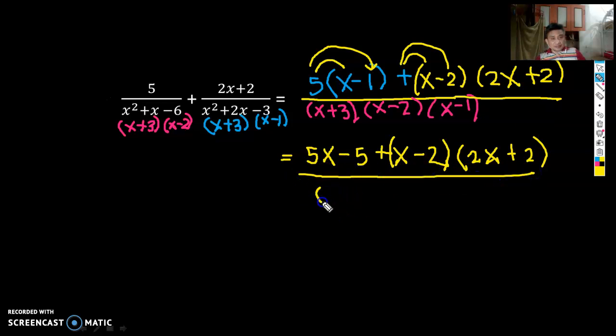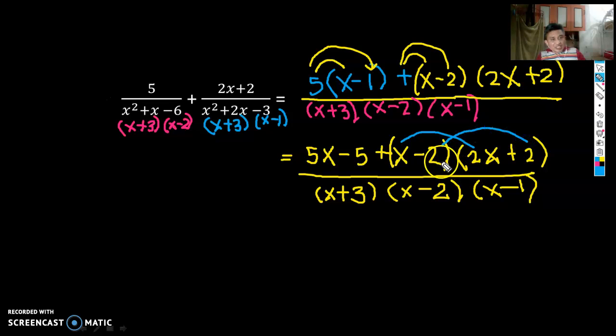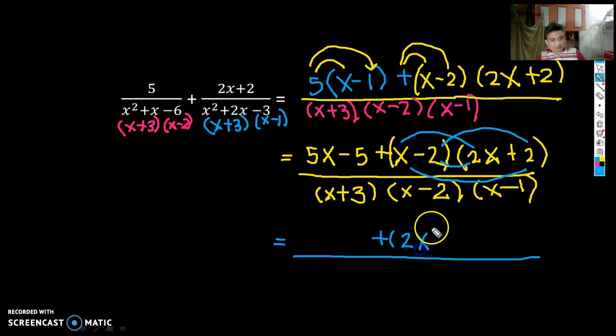All over. What is the next step? When we see binomials, we use the FOIL method. x times 2x is 2x squared. Negative 2 times positive 2 is negative 4.